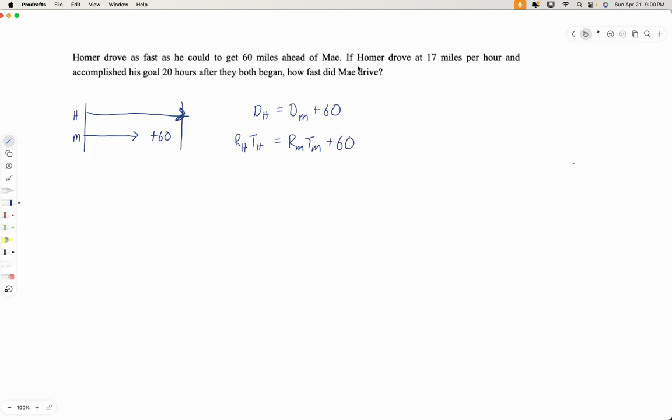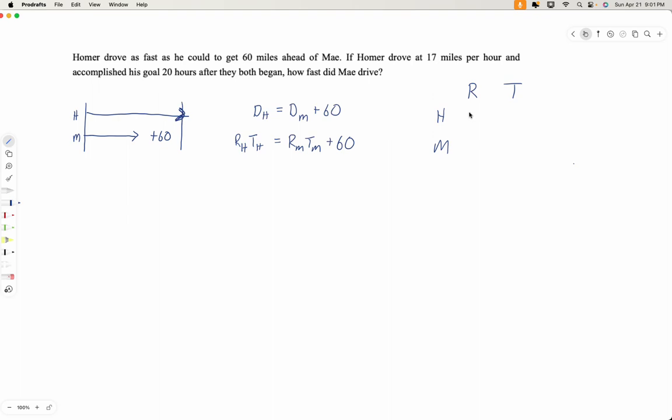Now, we have the second sentence that says, if Homer drove at 17 miles per hour and accomplished his goal 20 hours after they both began, how fast did May drive? So we have two things given to us. We have rate and time, and we have Homer and May. We have Homer's rate.